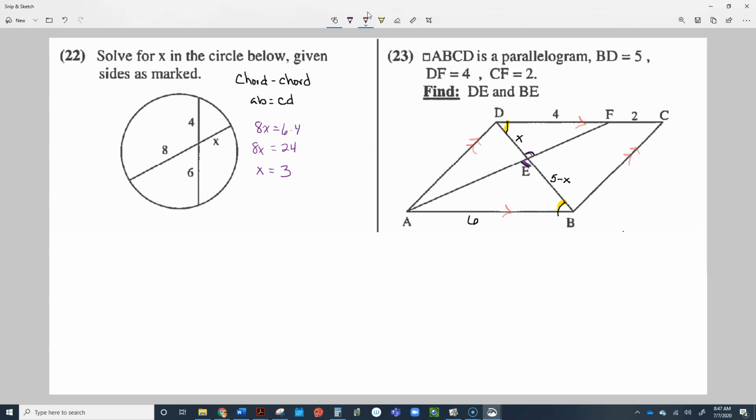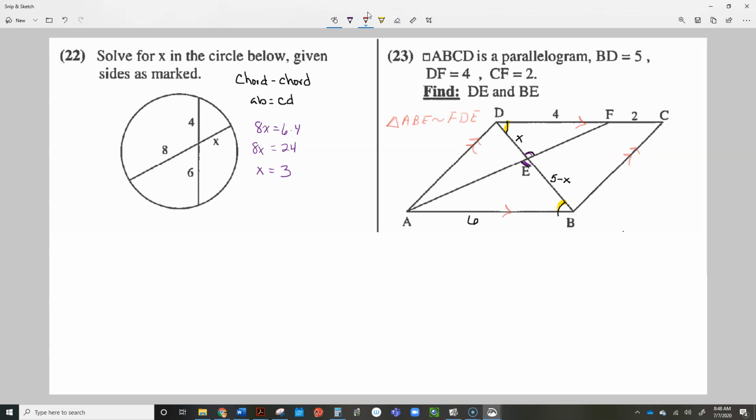Well, because with two pairs of angles that are congruent, I've just proven that triangle ABE is similar to FDE.